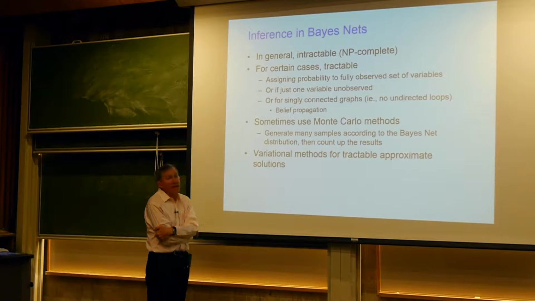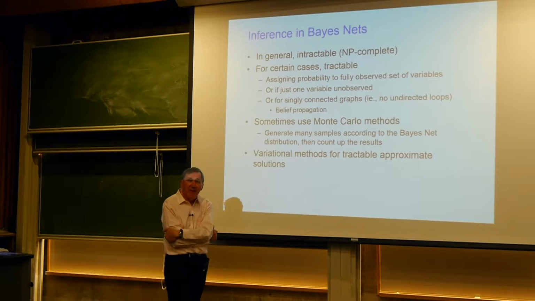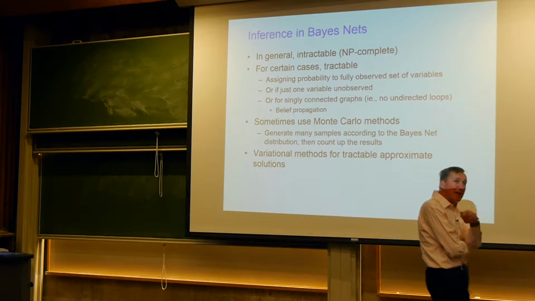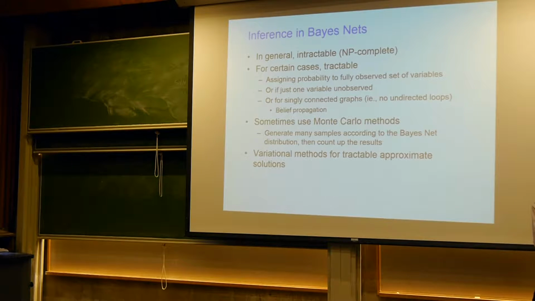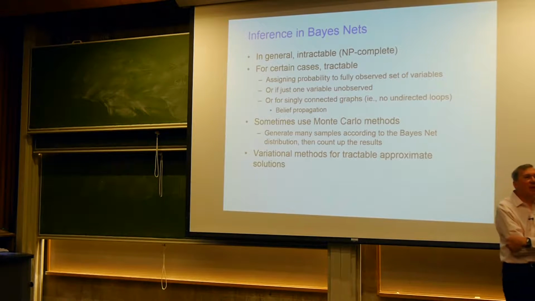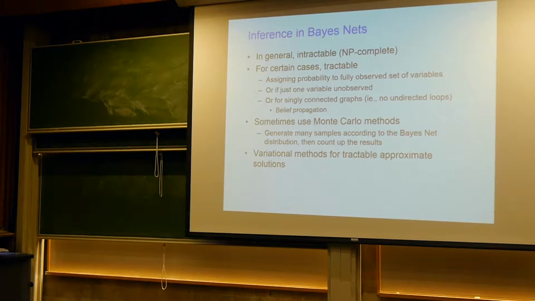And it turns out that in general, this is an NP-complete problem, meaning that the cost of actually calculating that, of course you can always calculate it because the Bayes net does represent a joint distribution over the random variables. So the answer is there. But the cost can be exponential in the number of variables.